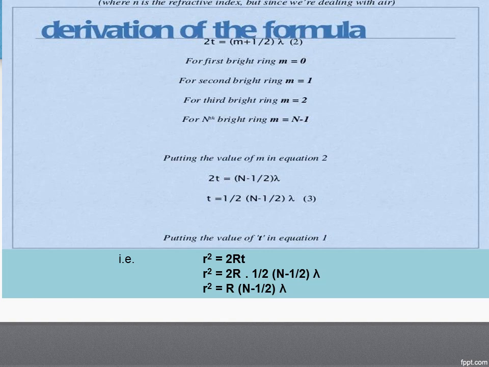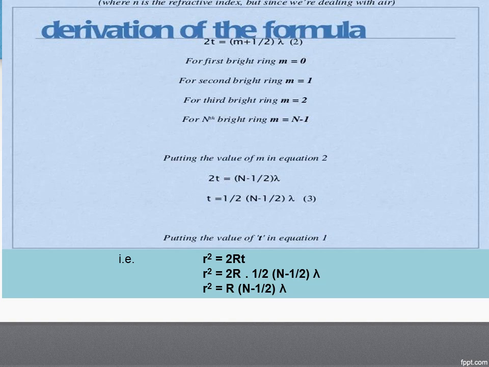So this distance will be doubled and is equal to 2t, which is the path difference between the two rays. So now I can take 2t equals m plus half lambda, which is the condition of interference for a Newton ring bright ring.